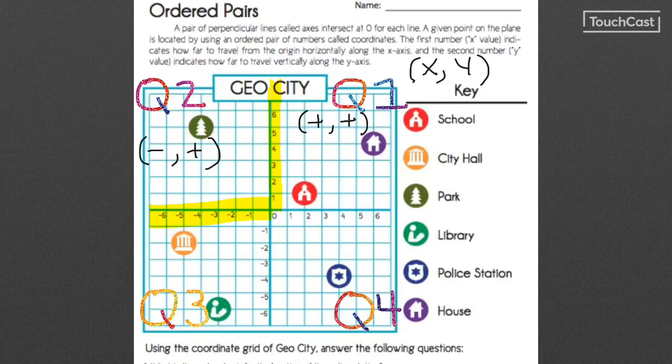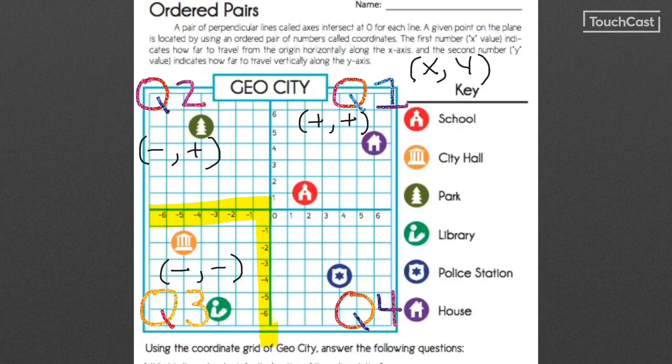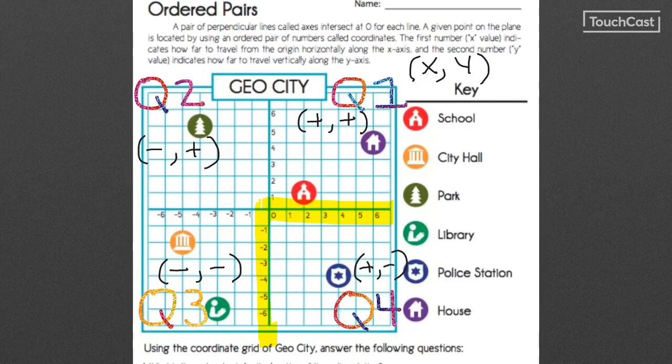So the ordered pairs for all places in quadrant 2 are going to be a negative and then a positive. In quadrant 3, we have a negative x and negative y. So we'll have both negative numbers for our x and our y in quadrant 3. And finally, in quadrant 4, we have positive x numbers and negative y numbers. So in quadrant 4, we'll always have a positive number first and a negative number second.